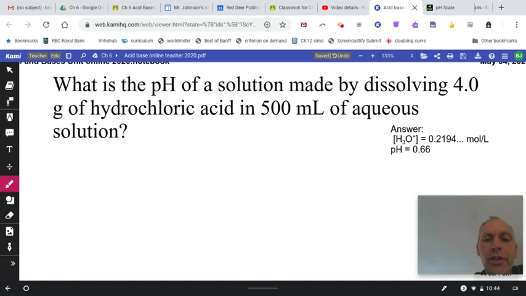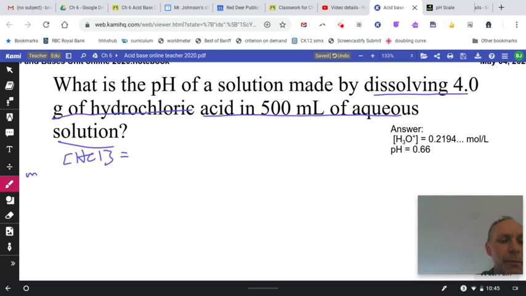What is the pH of a solution made by dissolving 4 grams of hydrochloric acid in 500 milliliters of water, or aqueous solution? Okay, so first thing I want to do is figure out my concentration of HCl. Let's start there. We want amount concentration in moles per liter.